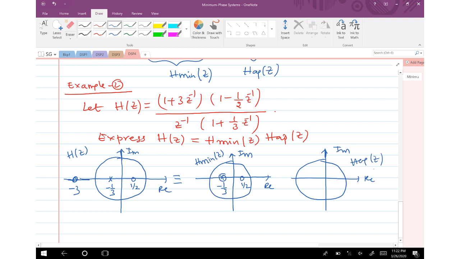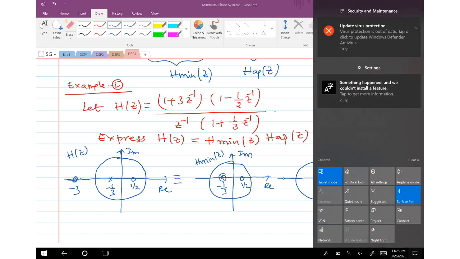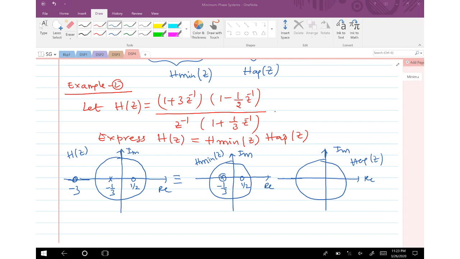So minus 3, you have not touched anything there, so you will have minus 3 here, right? You introduced a 0 at 1/3, that has to be cancelled out, so you will have here at 1/3 a pole. That's the all pass filter, right?